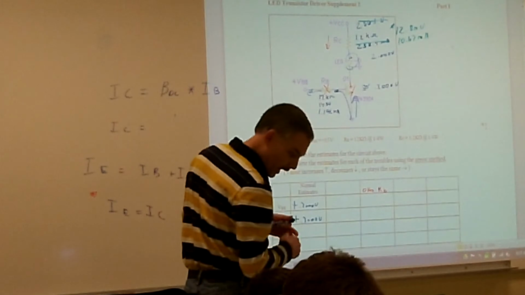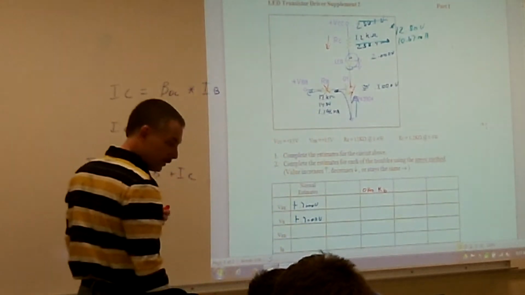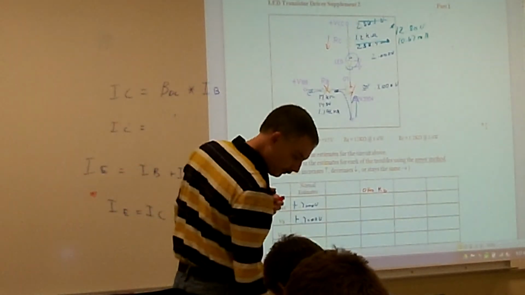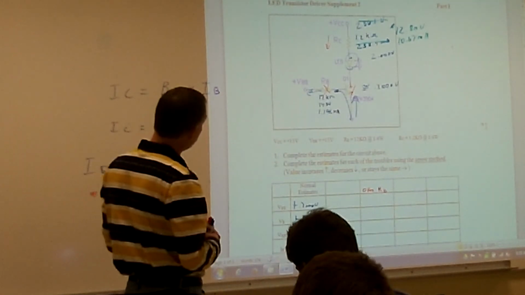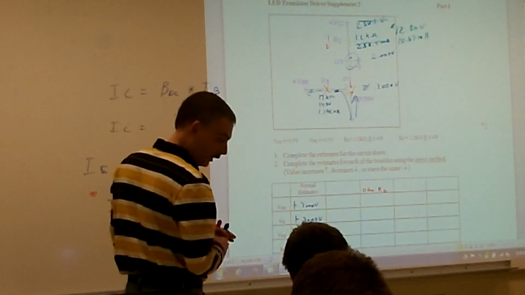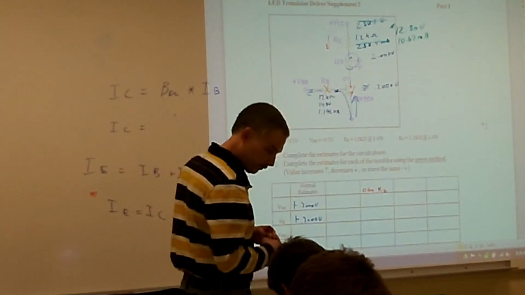And then how about the voltage of my base? What's going to happen with that? That's the same as VBE, so if the other one went down, so did that one. That one's going to go down.